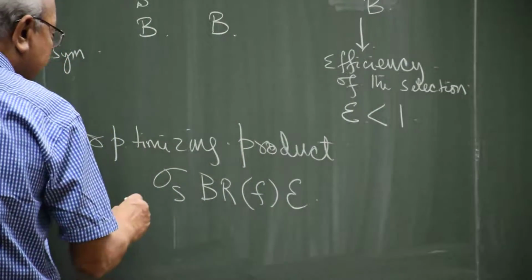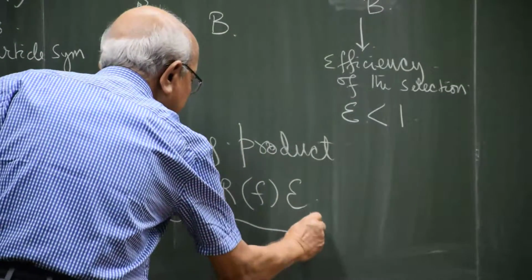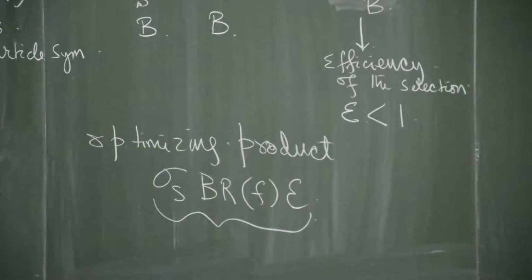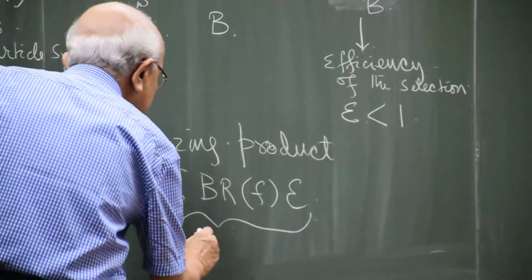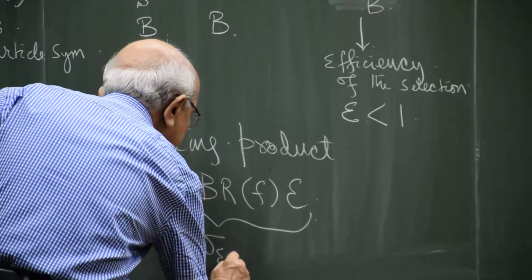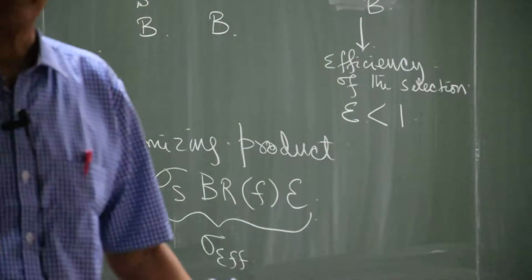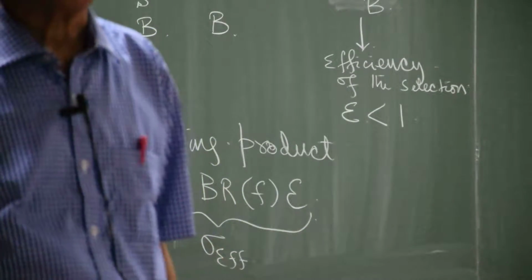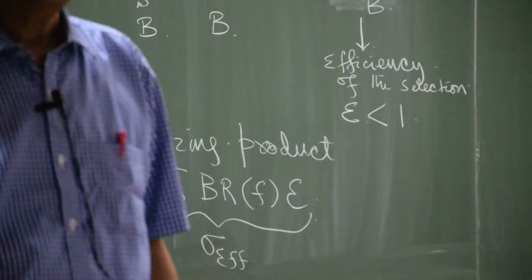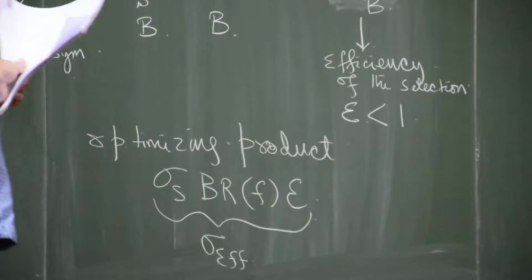So now let me give it a name. Let me call it sigma effective. That is, this is like an effective cross section, not the cross section which you calculate quantum mechanically, but the product of these three.